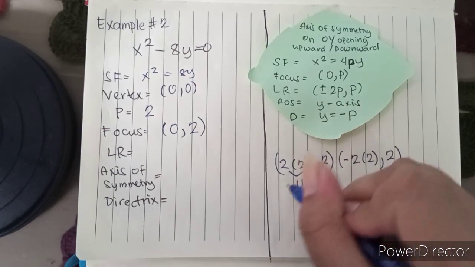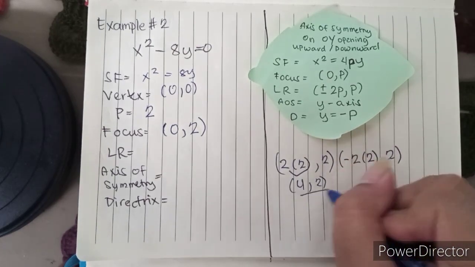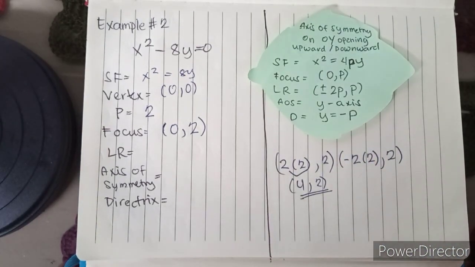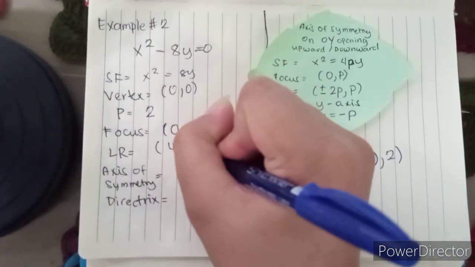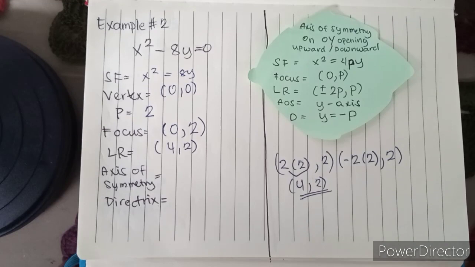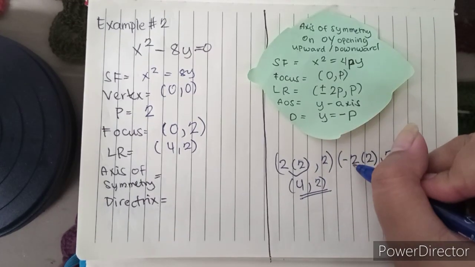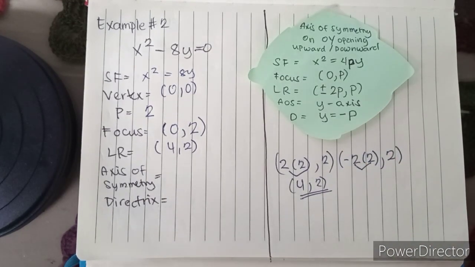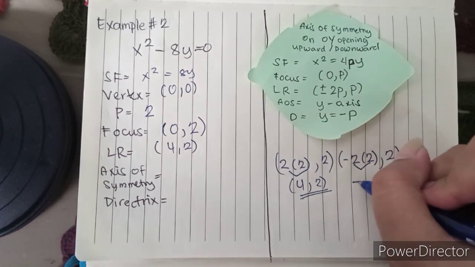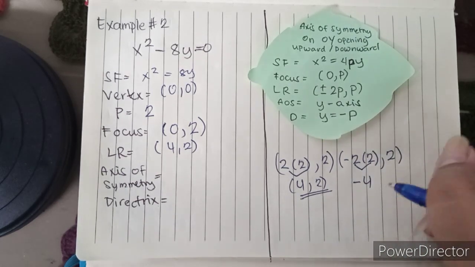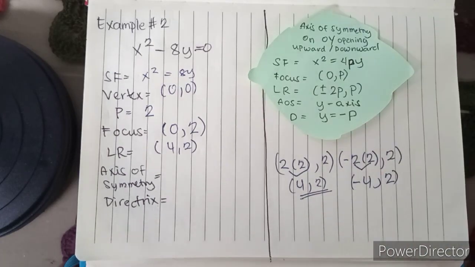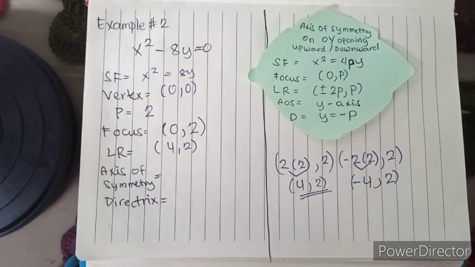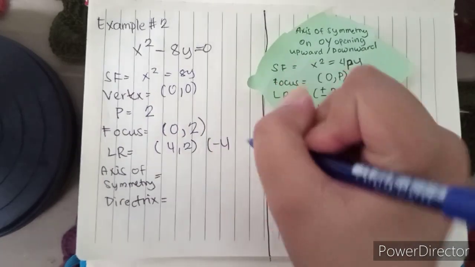Then, 2. So, this is our first ordered pair para sa latus rectum. So, sulat natin siya dito. So, we have (4, 2). Next, ito naman tayo. So, negative 2 times positive 2 is equal to negative 4. Then, 2. So, our second ordered pair now for the latus rectum is (negative 4, 2).